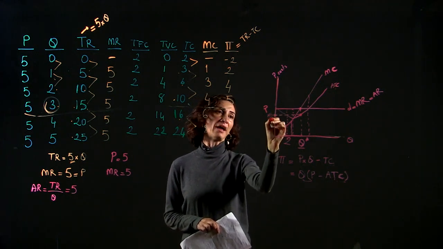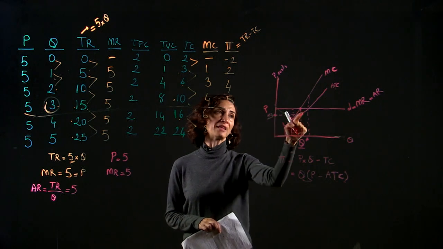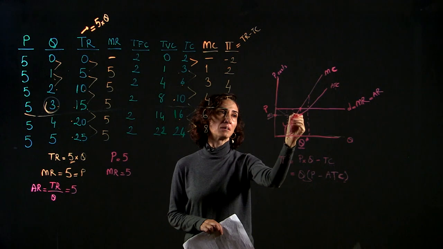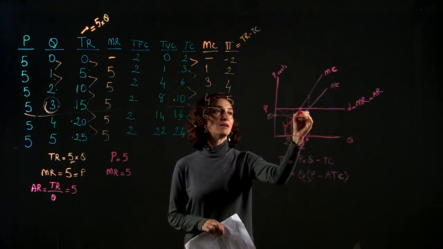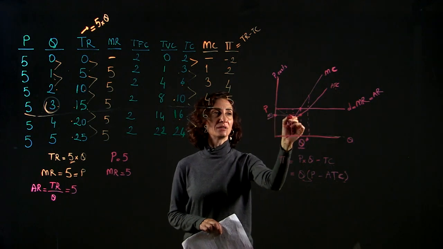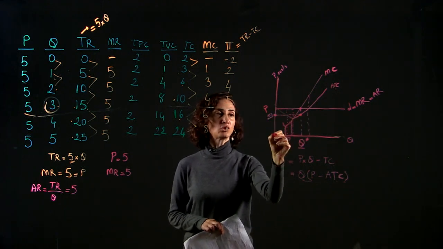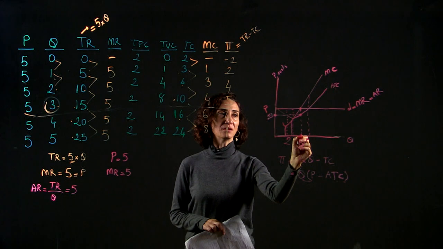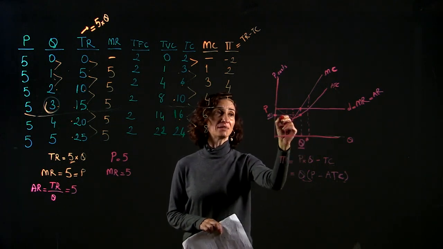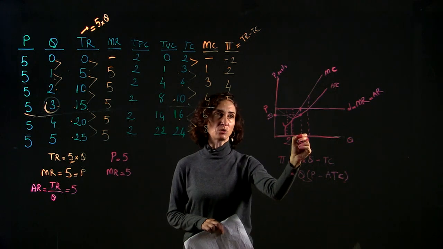This will give you average total cost at this quantity. So this area, this rectangular here, average total cost times quantity, this rectangular here will give me total cost.